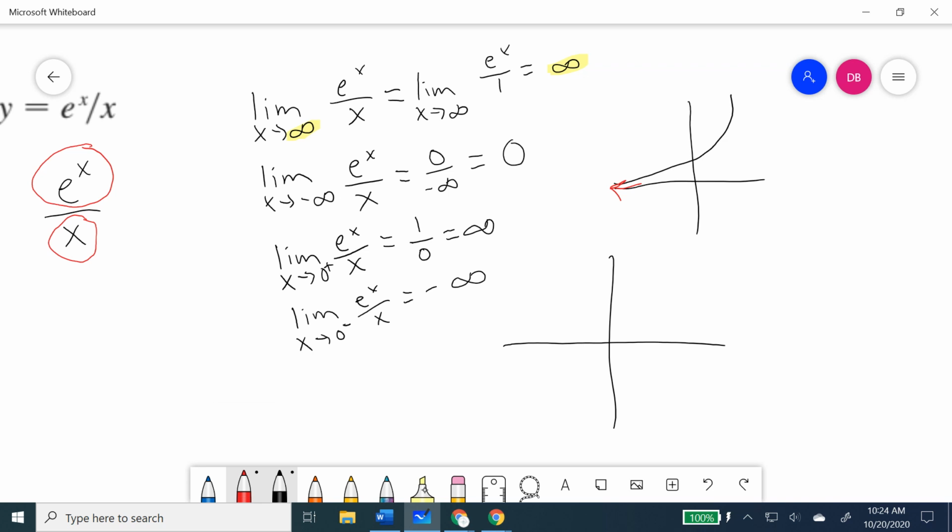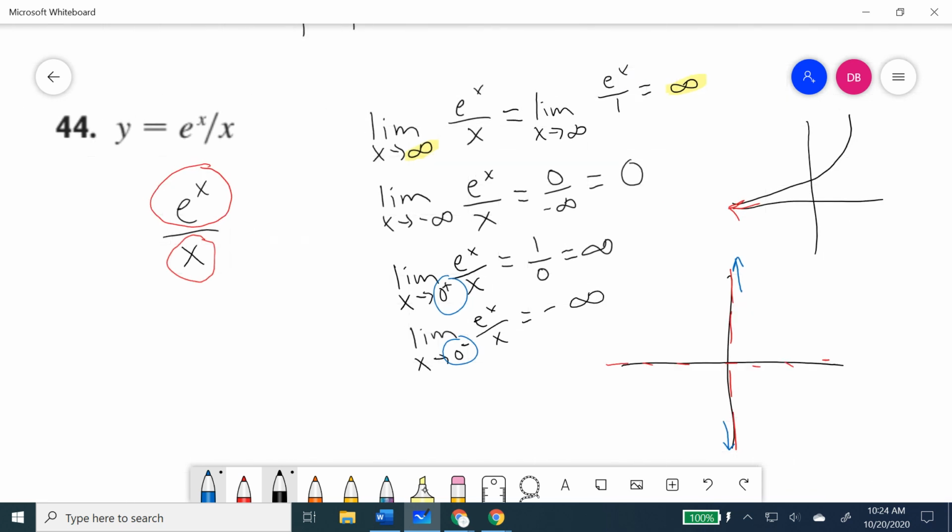So this actually tells me a bit about my graph. I'm going to draw a vertical asymptote at 0, and then my horizontal asymptote is also 0, but on the left. And with my graph, I know that the right side of 0 goes up, the left side of 0 goes down. And I can also think about the function itself. e to the x is always positive.